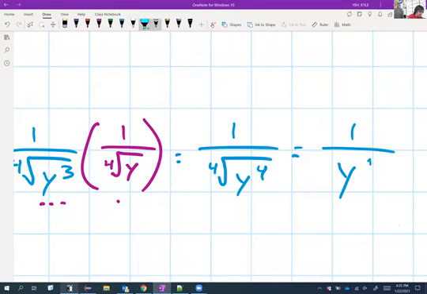But do you guys remember, if we go from an even power inside the radical to an odd power outside, what do we need? We need to say 1 over y inside absolute value. 1 over the absolute value of y to make sure we are getting that positive principal root.